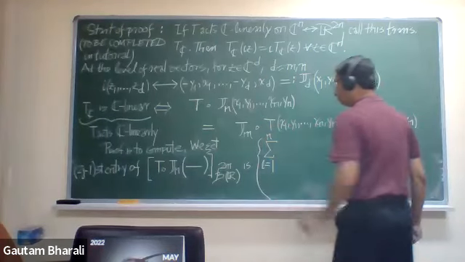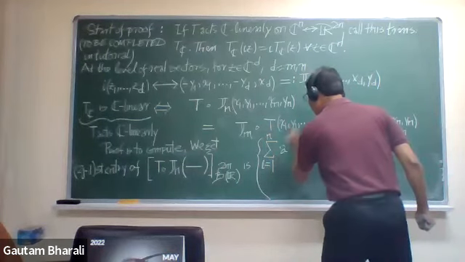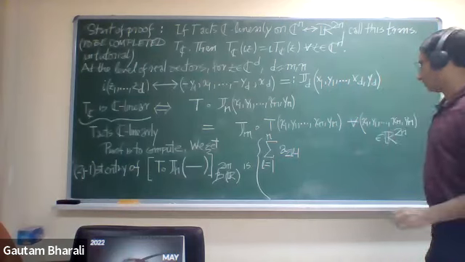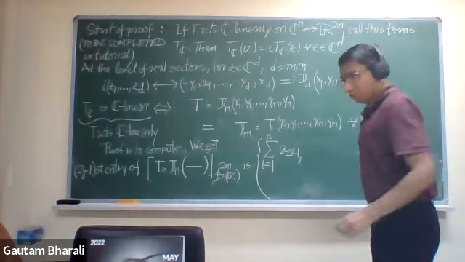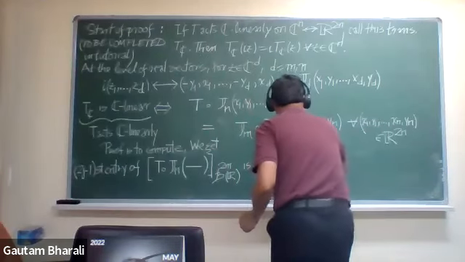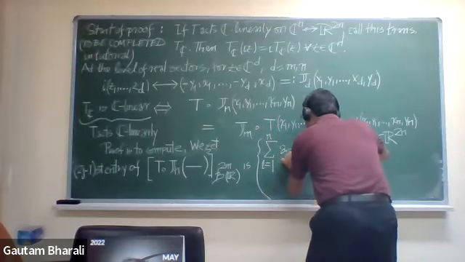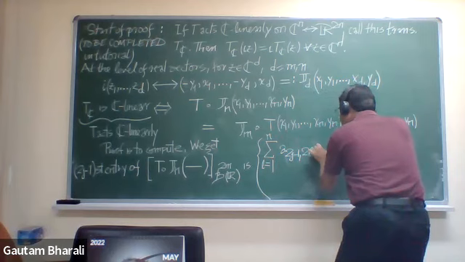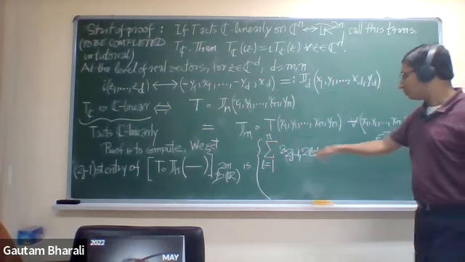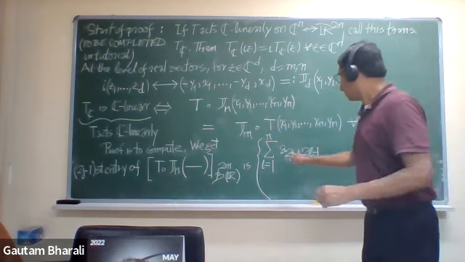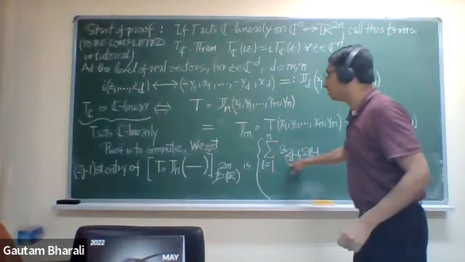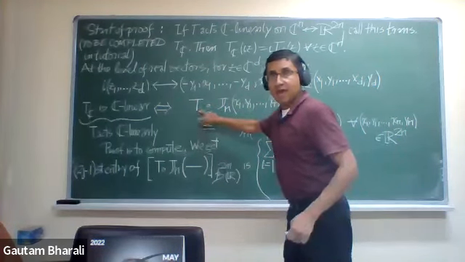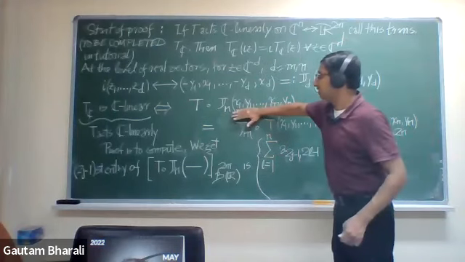So L running from 1 to n, and you will have A sub 2L minus 1, comma. Oh, I'm so sorry. I'm looking at the 2j minus first entry, right? So I should have 2j minus 1, comma, 2L minus 1, okay? So I am basically looking at the 2j minus first row of the matrix representation of T, and I am running down this vector.